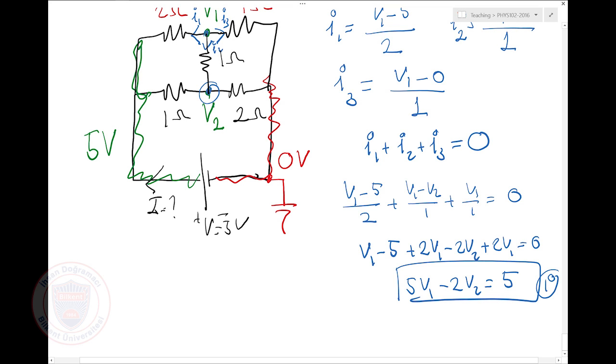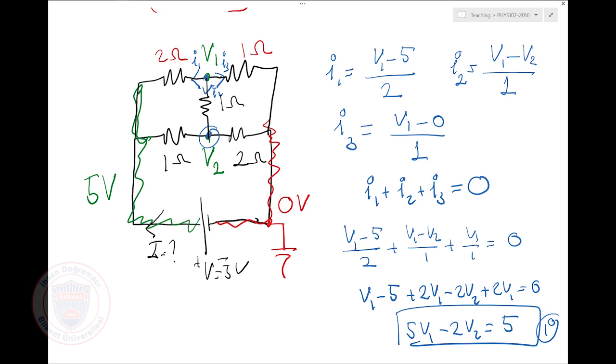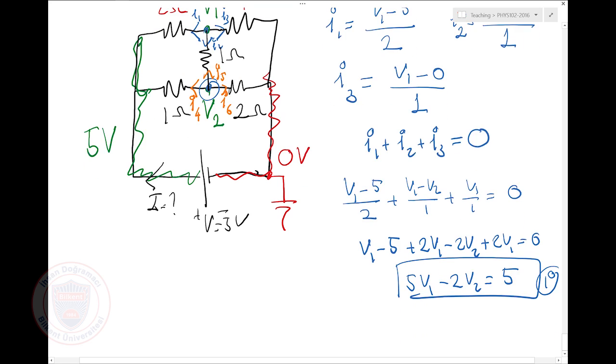Let's look at the next node, V2 node. And I should do it in another color. I'll call this I4, this guy I5, and this guy I6. Can you tell me what I4 is? One end is at V2, the other end is at 5 volts, divided by 1 ohm. How about I5?